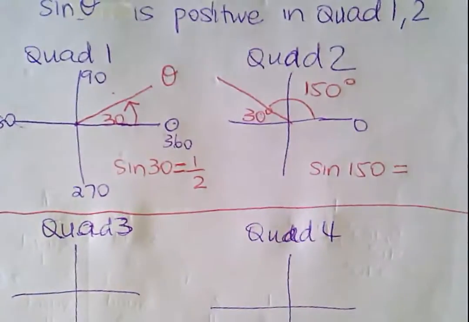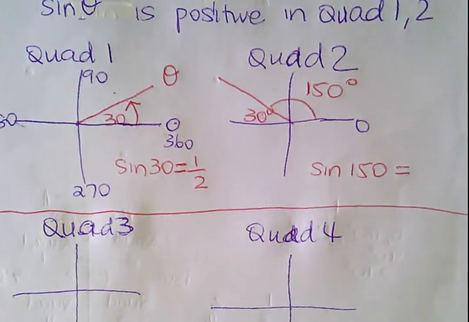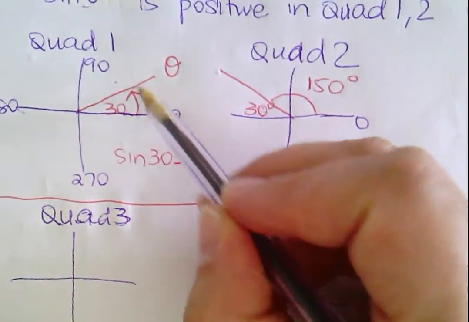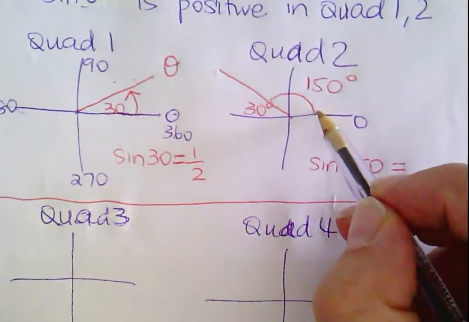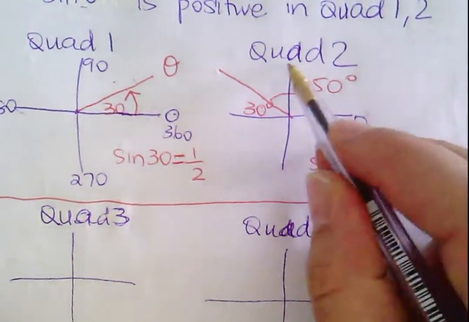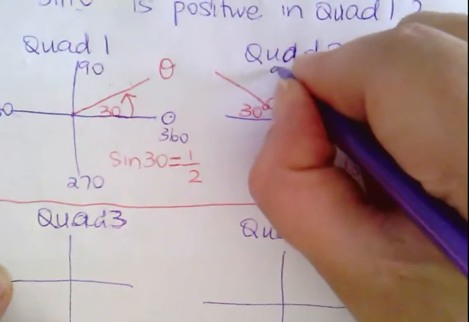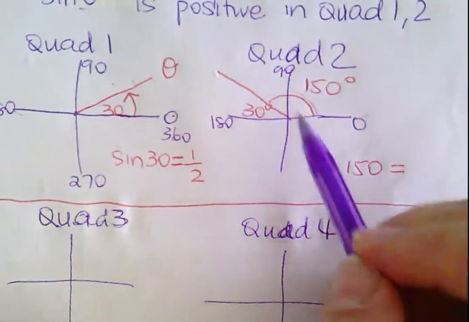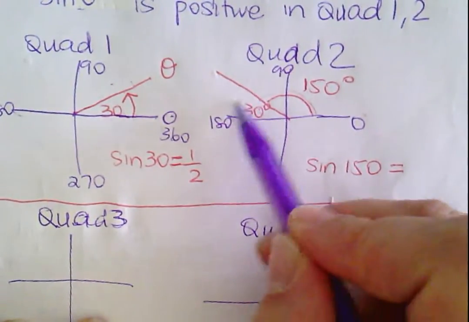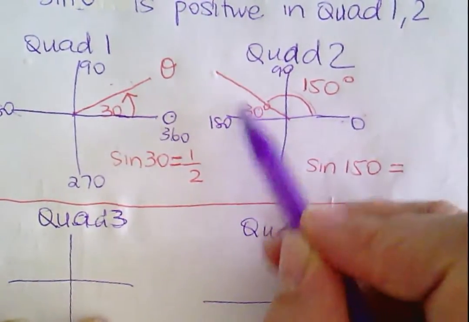So girls, whenever you're trying to work out an angle bigger than 90, our angles start from here and you've got to go anti-clockwise. Sine 150 means I'm in the second quadrant, 0, 90, 180. 150 there, I'm not interested in that. I'm interested in what bit is touching the x-axis here, and it's 30.